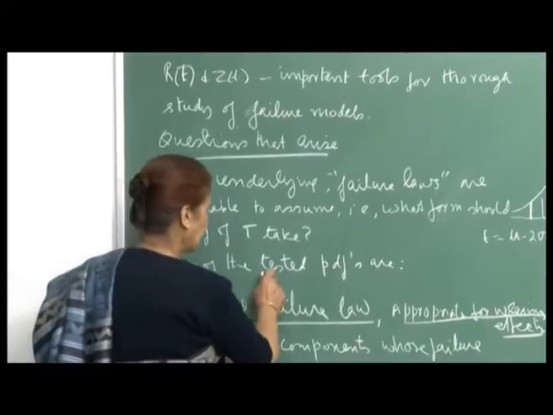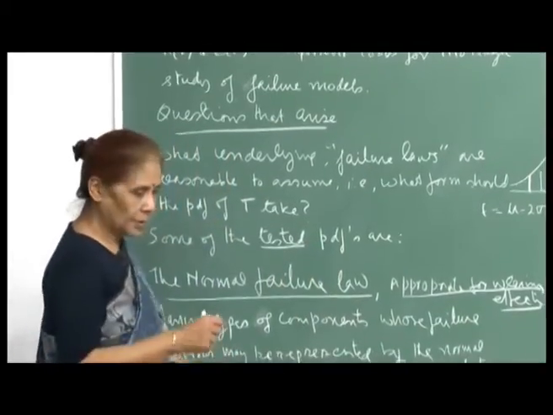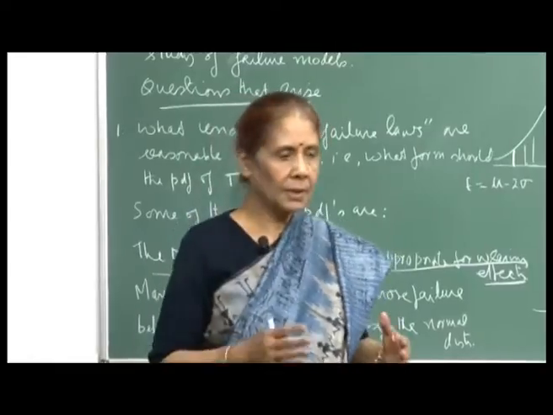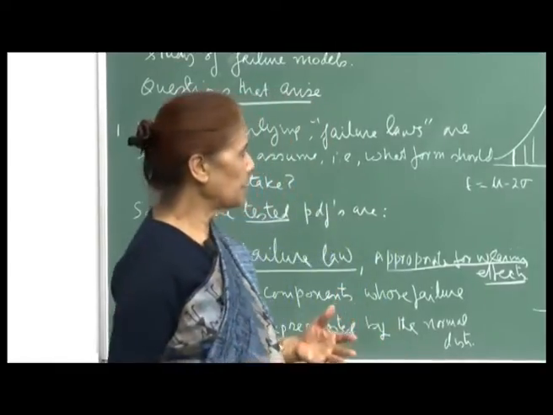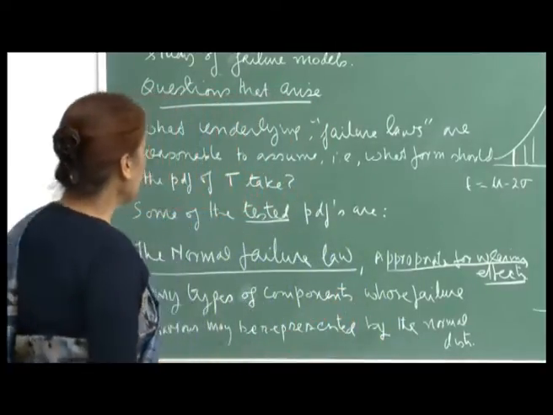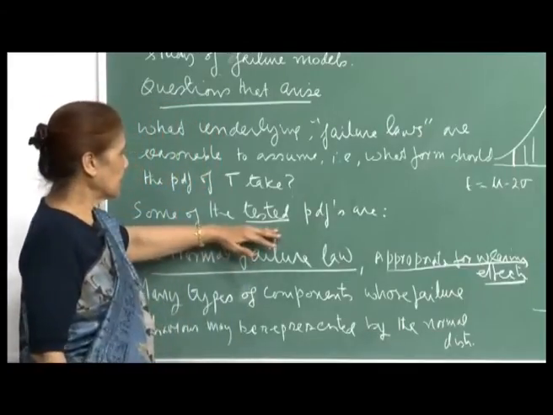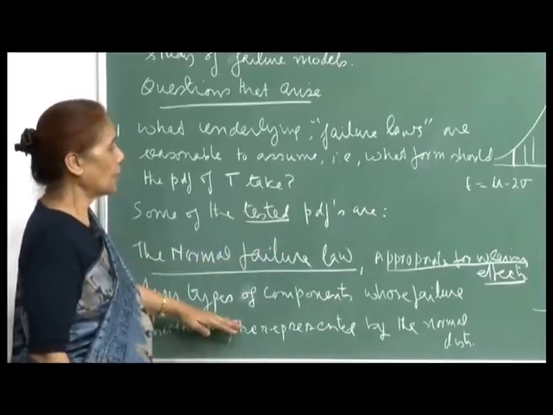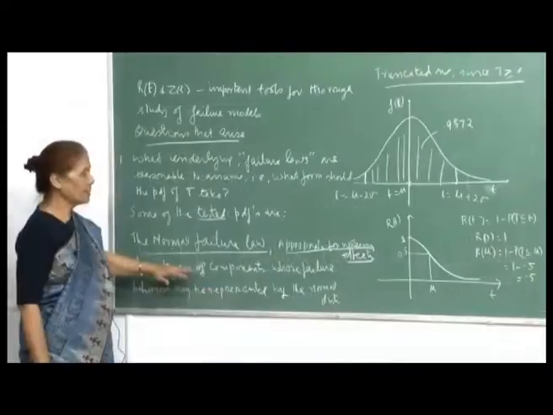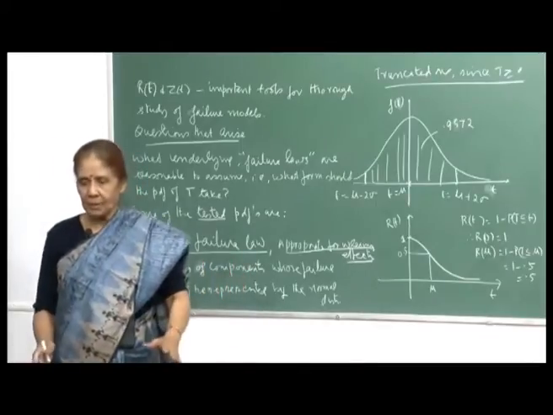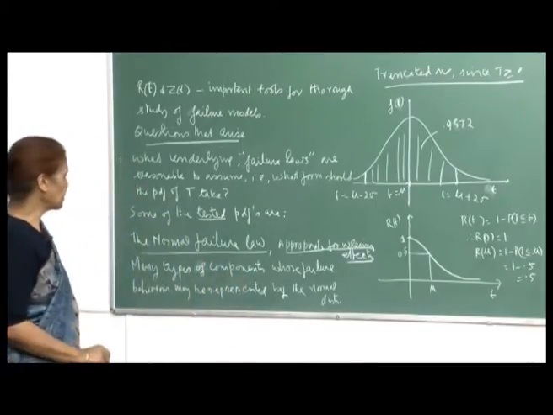By tested, we mean that you have the data, you know the system is going on, and then you compile the failure times of the components, and then you try to fit a curve. The ones that we discuss now have been very well tested and found suitable for the particular data that we are going to talk about.